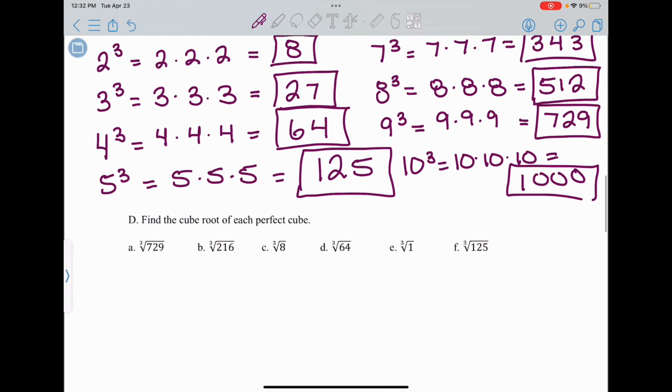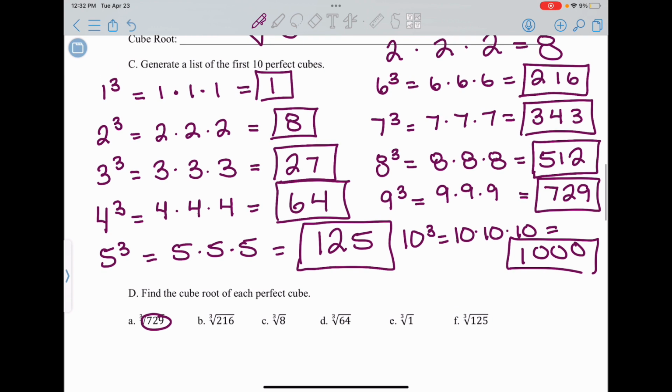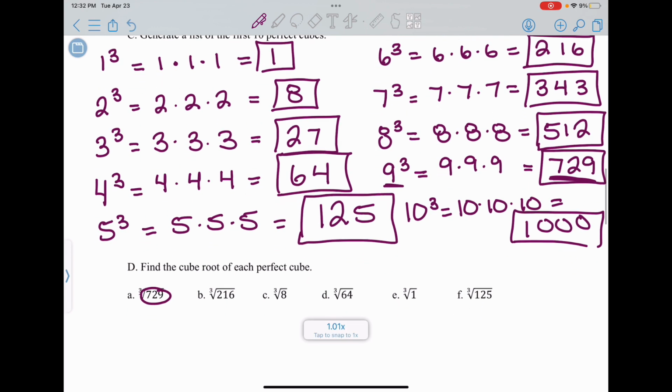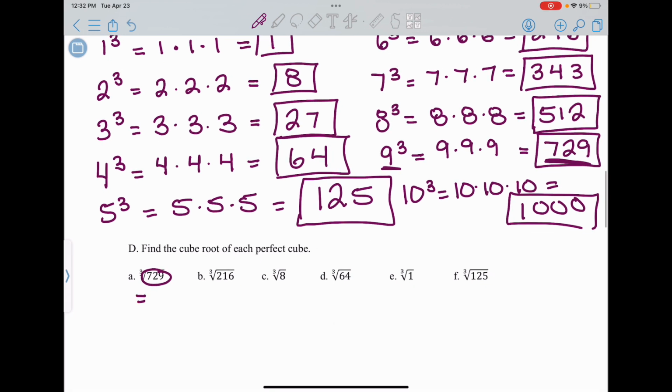So in part A, it asks, what number times itself 3 times is 729? And so I'm going to look at my chart and find 729, and that's the result of 9 cubed. So the cube root of 729 is 9. Next I have the cube root of 216.